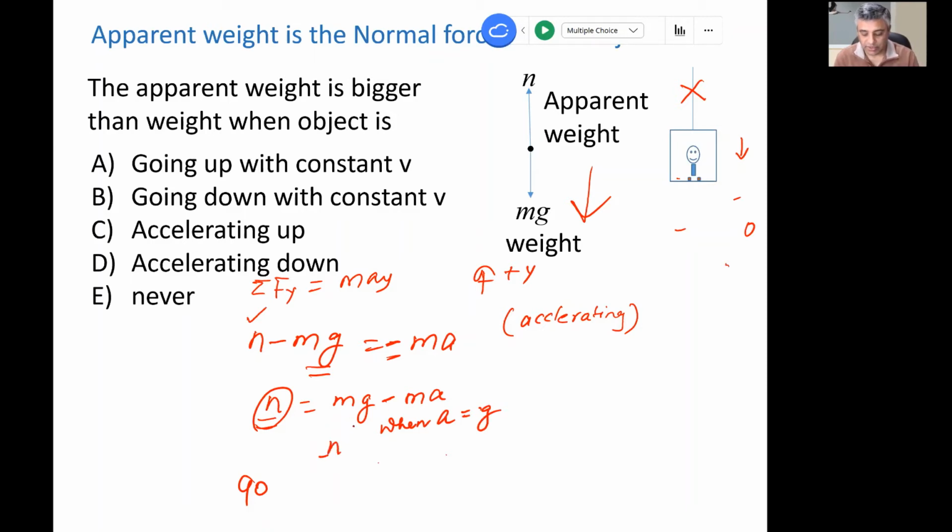Then N is going to be what? 0, right? When A is G, it's mg minus mg, so N is 0. Normal force on you is 0, so the floor is not pushing you.